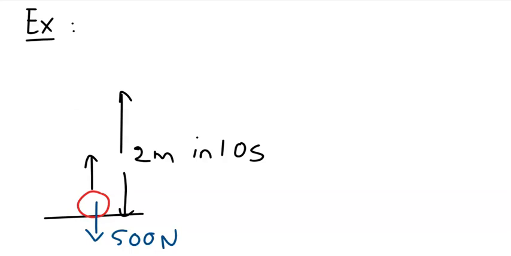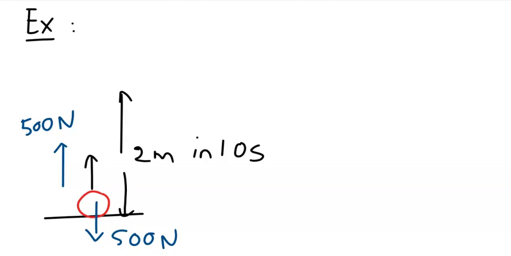Well, how so? Now, since this weight weighs 500 newtons and you want to raise it vertically with a constant velocity, you have to exert the same amount of force in an upward direction as the weight. That means you have to exert 500 newtons on this weight in order to raise it vertically.